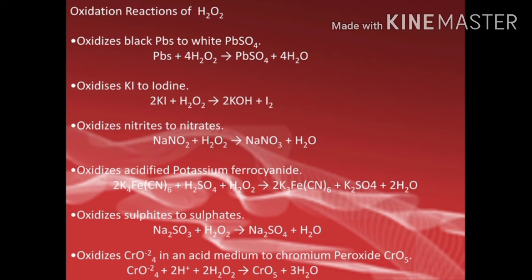Sodium sulfite reacted with hydrogen peroxide is converted into sodium sulfate. That is also an oxidation reaction. Hydrogen peroxide oxidizes CrO2 minus in an acid medium to form chromium peroxide. This is also one of the oxidation reactions.